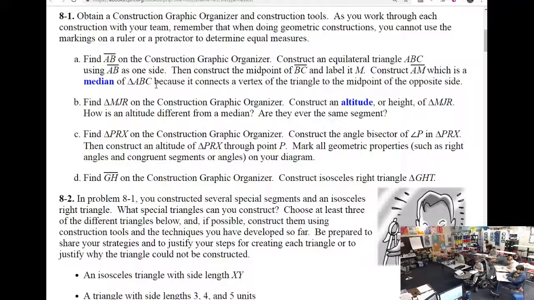You don't need a protractor, ladies and gentlemen. Yeah, we do. No, you don't. You are not allowed to use a protractor.